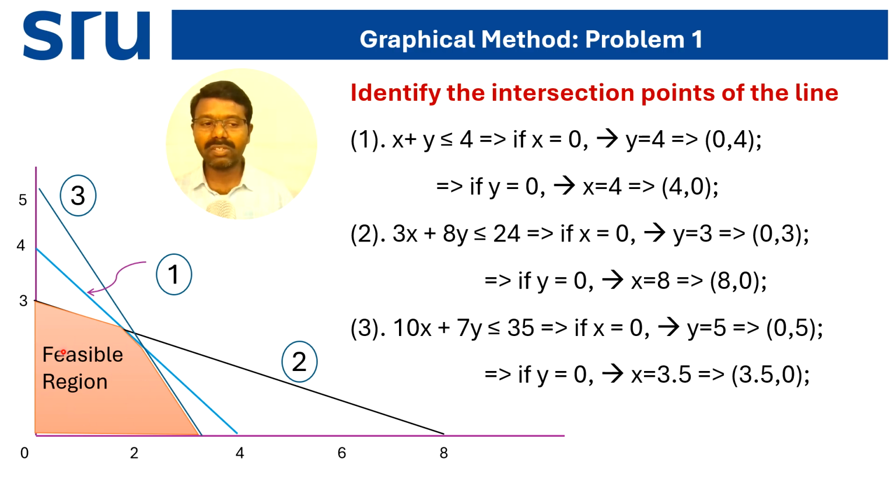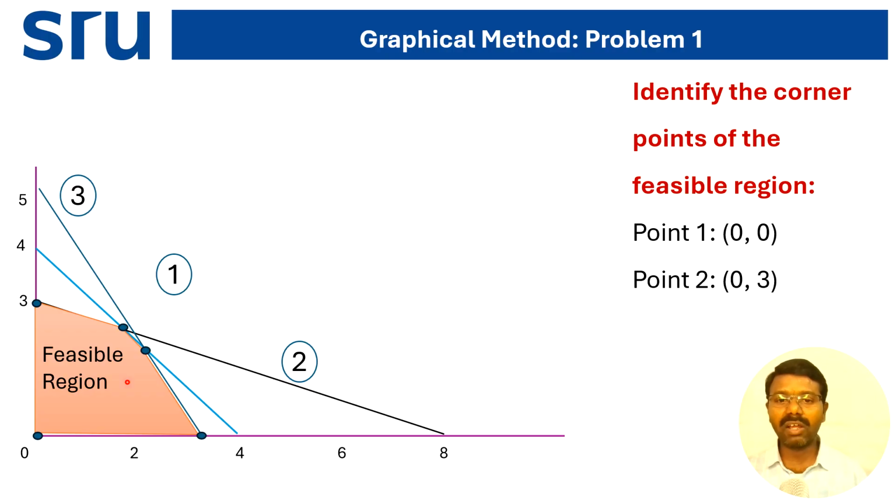So this is the feasible region, or common region, covered by all the constraints. Then the next step is to identify the corner points of the feasible region. So these are the corner points of the feasible region.